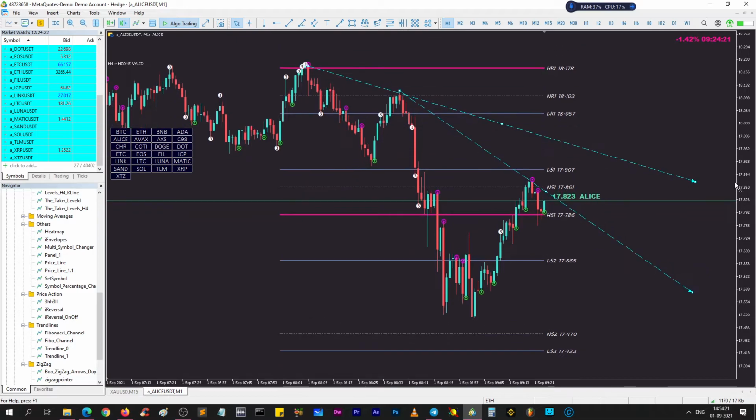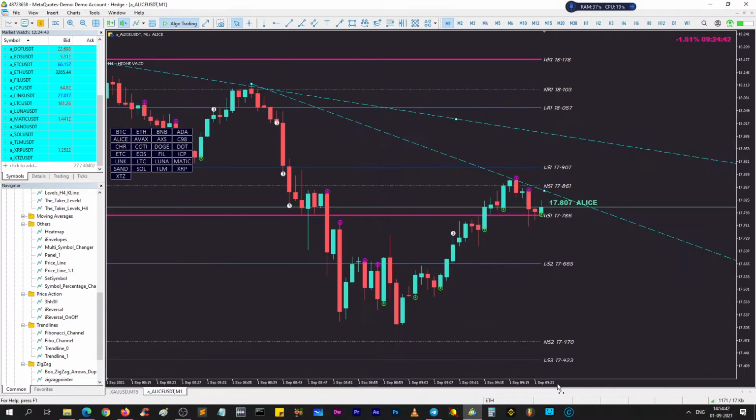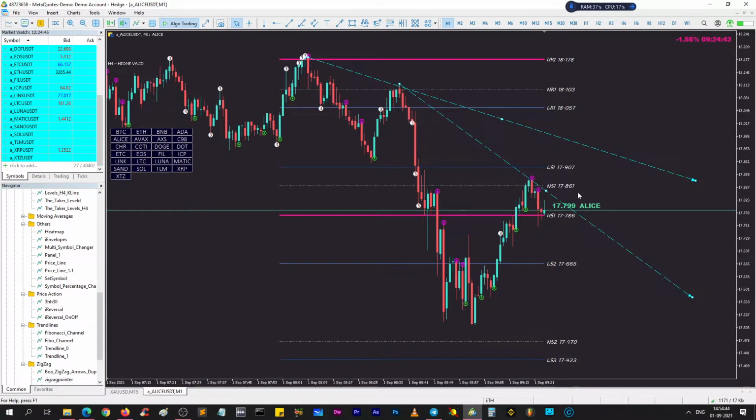And after that, if you want to buy, if you think that this red level is the main level, and that this level will act as a reversal point, then in this case you have to wait for this trend line to be broken, and after that you can consider buying on the re-entry, like price breaks out, then comes back again to this re-entry point, after that it goes up.